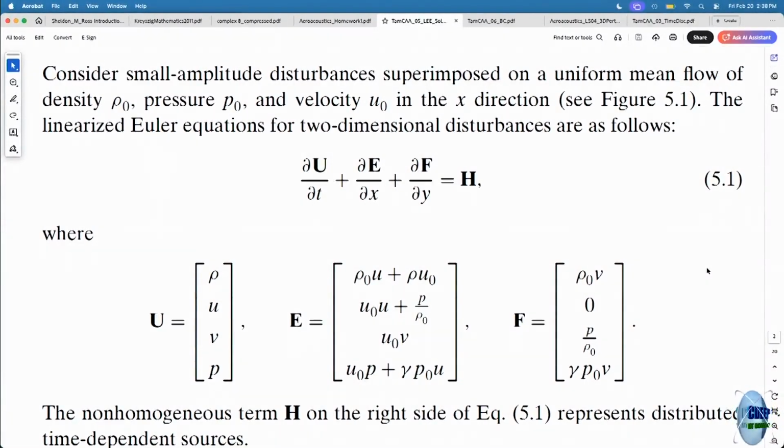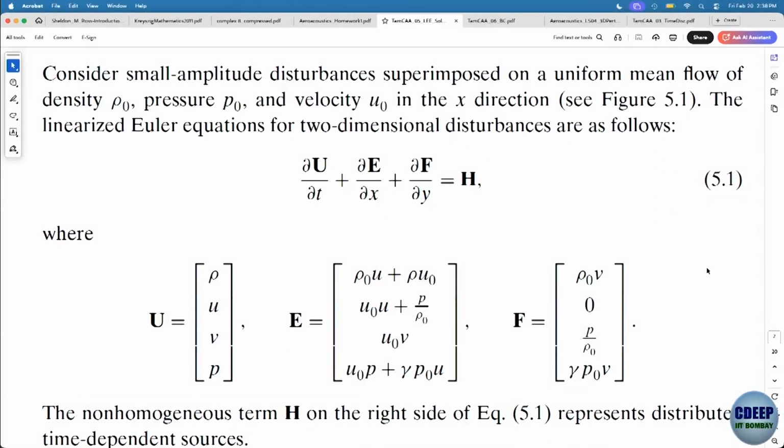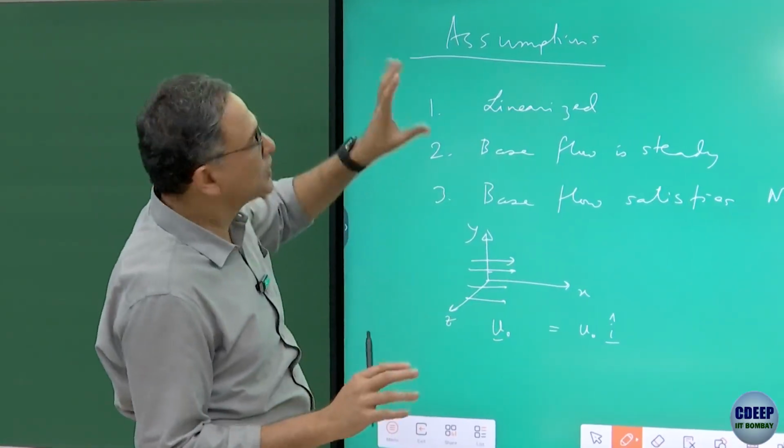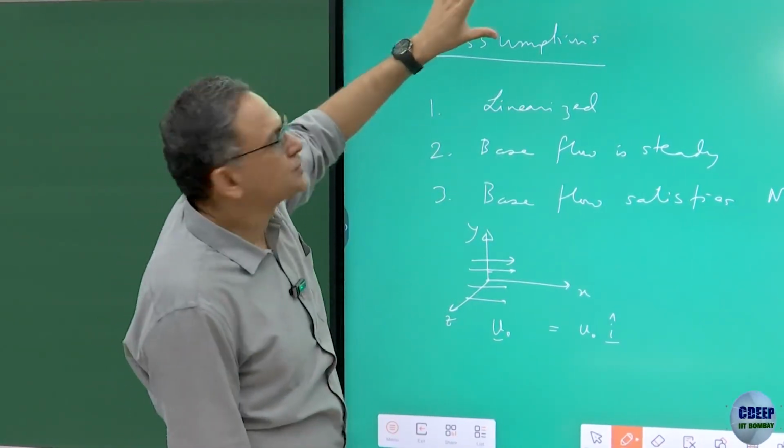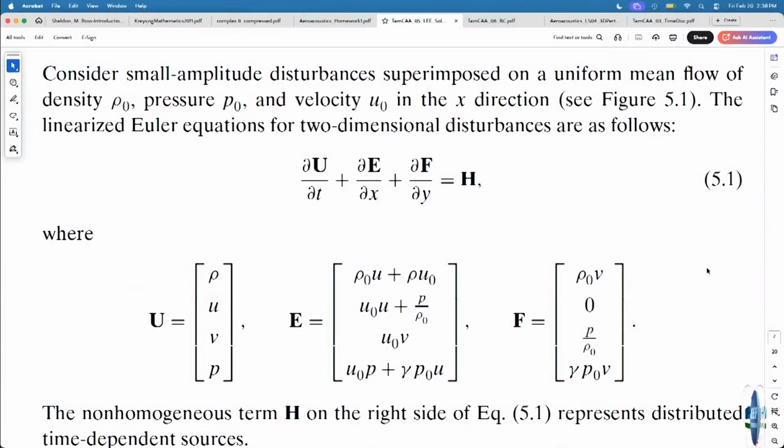So again, our solution variables here, notice that we are not trying to do any further manipulation of these equations, in terms of, okay, take the divergence of this, take the time derivative of that, and nothing of that. We are going with the original equations, and we are just writing them in a vector form. So the capital U is our solution variable.